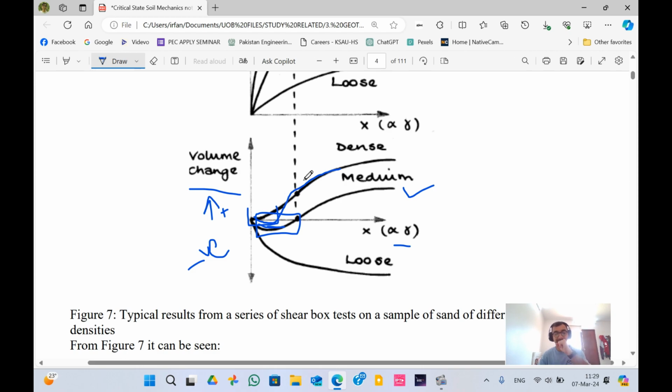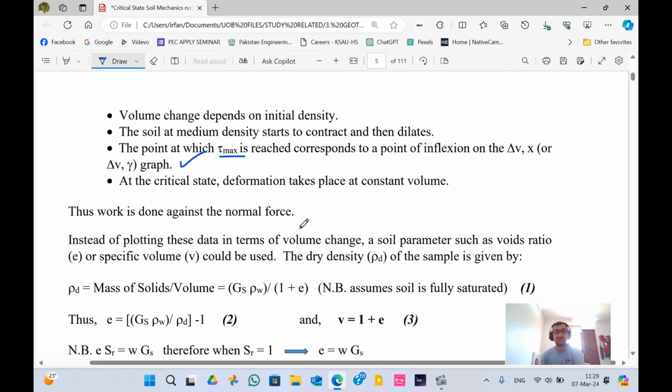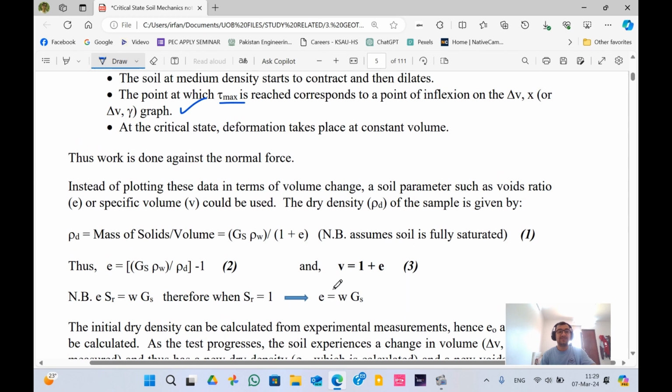Therefore, at the critical state, deformation takes place at constant volume. Thus, work is done against the normal force. So when deformation is taking place, it's going against the normal force.